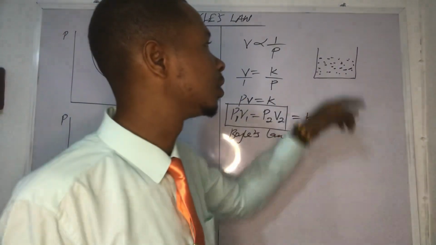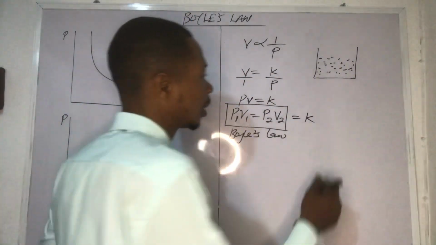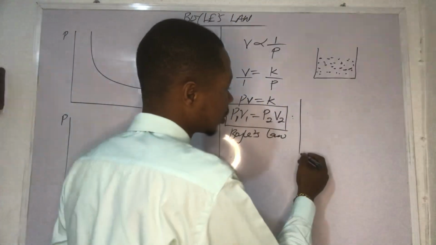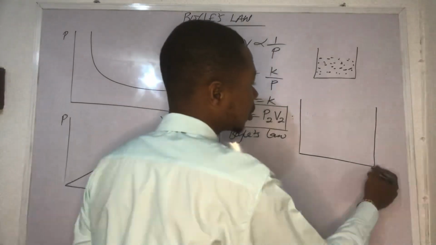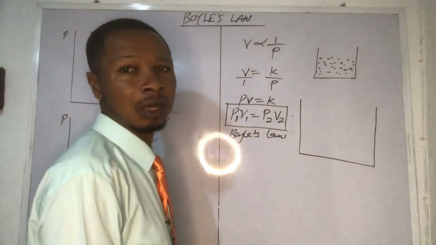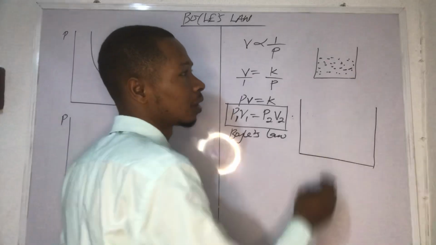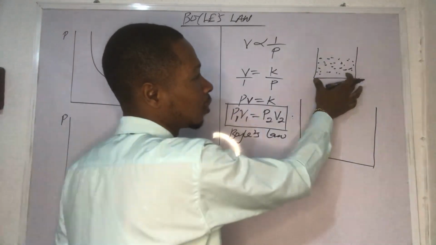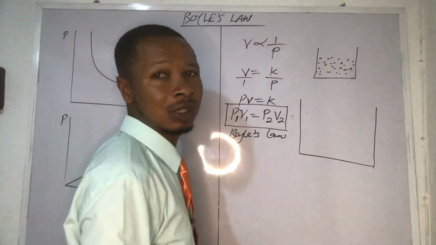Now, if this volume is increased to something like this, these same gas molecules are now put in a container like this. Look at the size of the container here and the size of the container there.